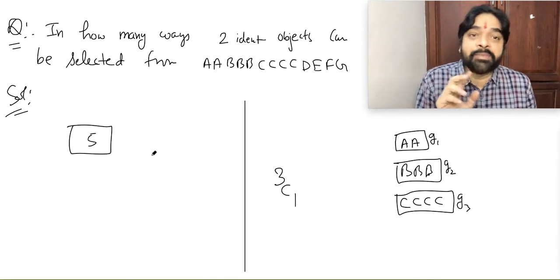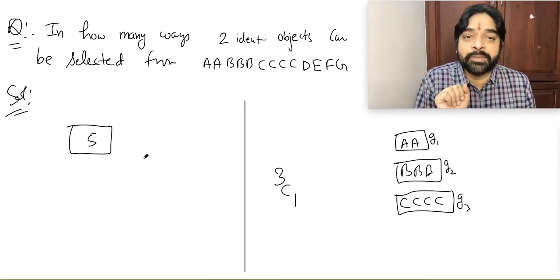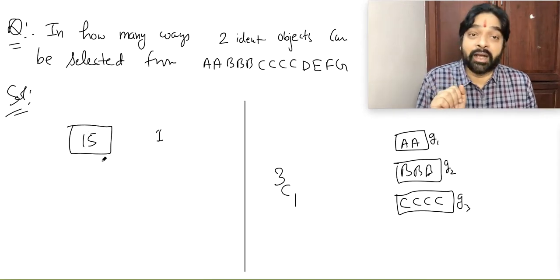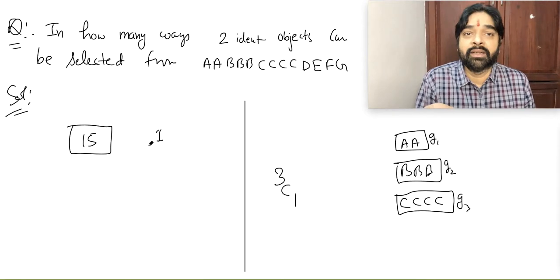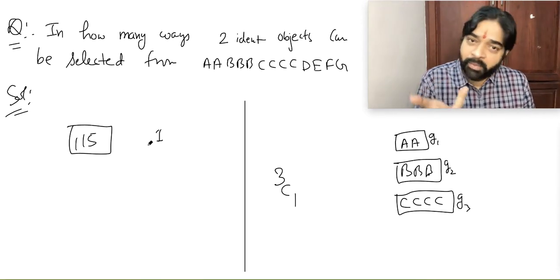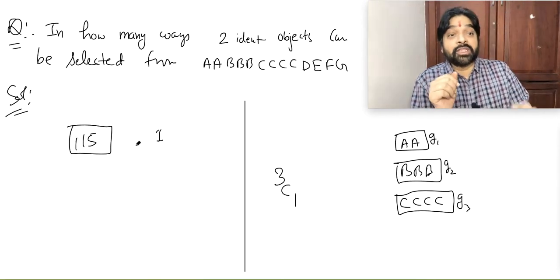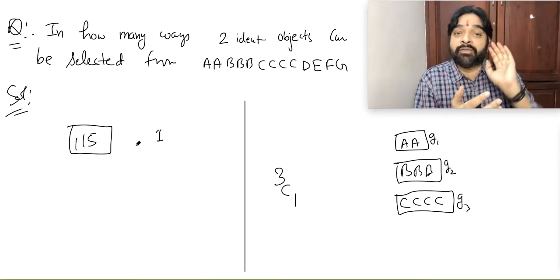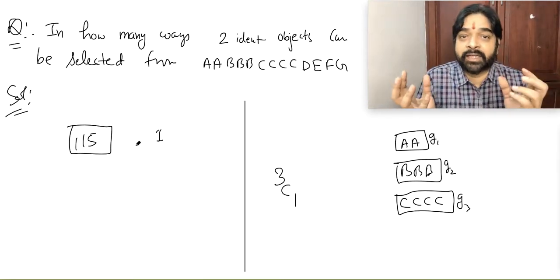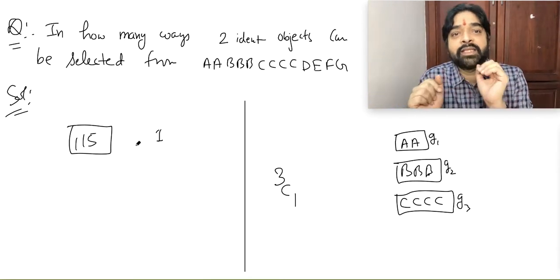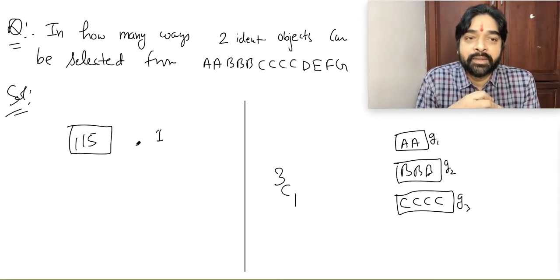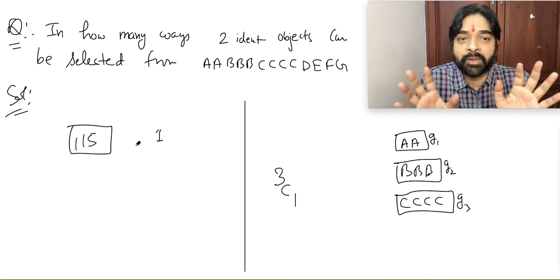5 identical objects. In how many ways can you select 2 objects? 1 way. 15 identical objects. How many ways can you select 2 objects? 1 way. 115, 1 way. If you are selecting 2 objects out of identical objects, it does not matter how many there are. Were you all able to understand this point?